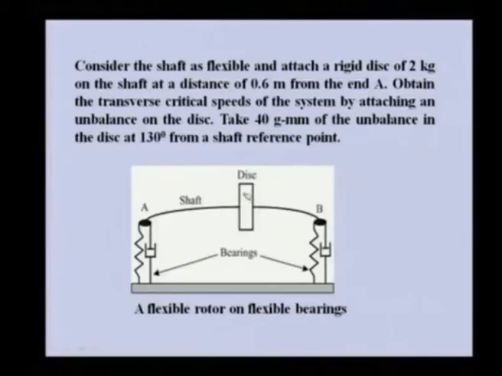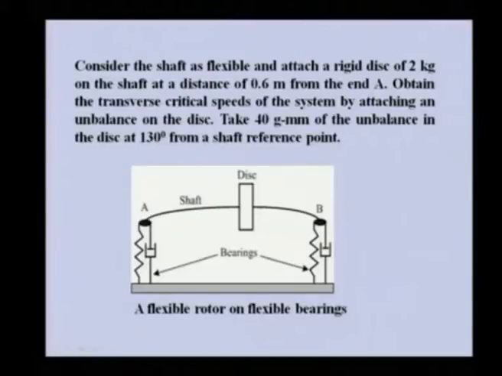Basically we are interested in finding the critical speed of the system, and in this case the disc is not at the midpoint, because the total length is 1 meter. From one end A is 0.6 meter, and we have an unbalance on the disc at a certain angle as a reference point.